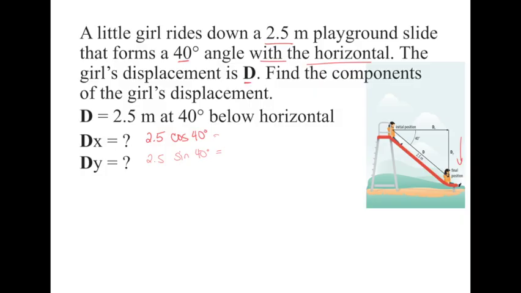You just plug those into your calculator. Make sure that your mode is in degrees because they have given it to us in degrees. So when you plug all that in, your horizontal movement is, to two decimal places, 1.92 meters, and your vertical movement, to two decimal places, is 1.61 meters.